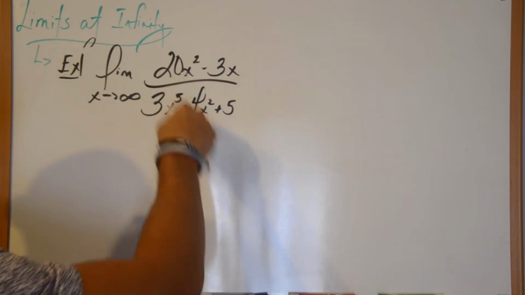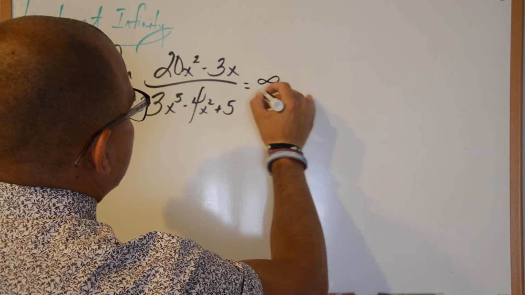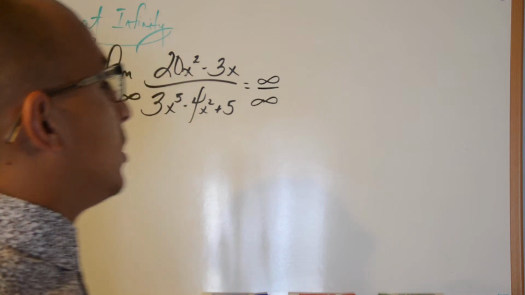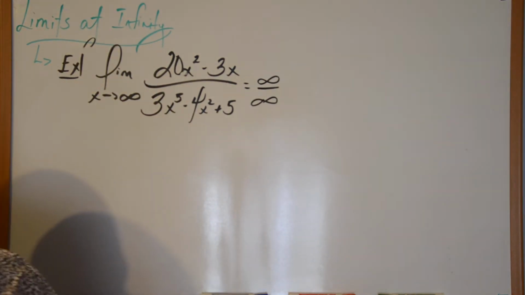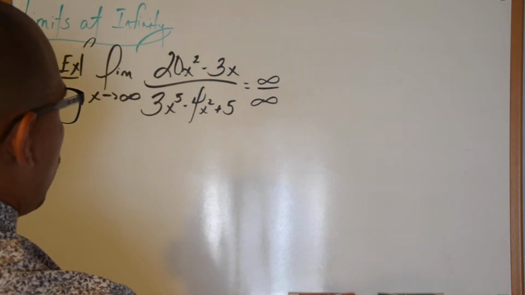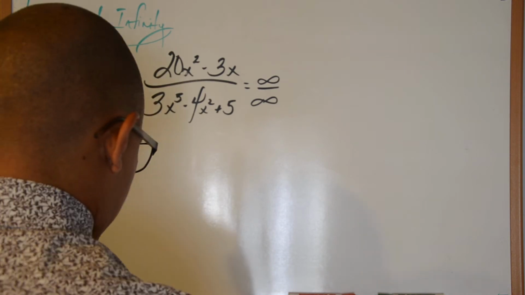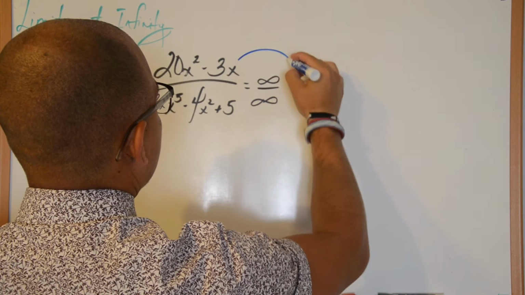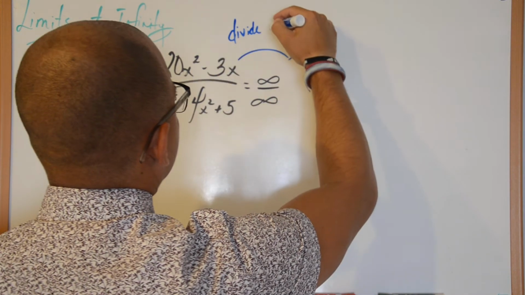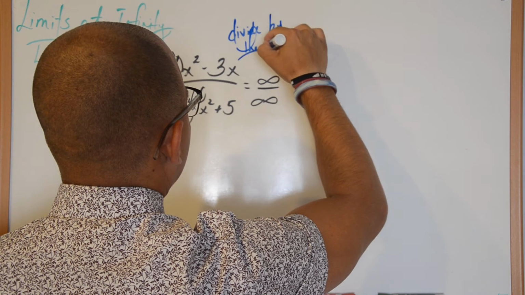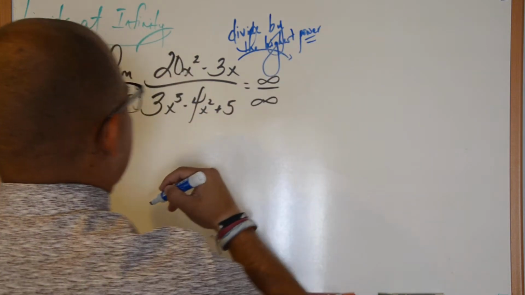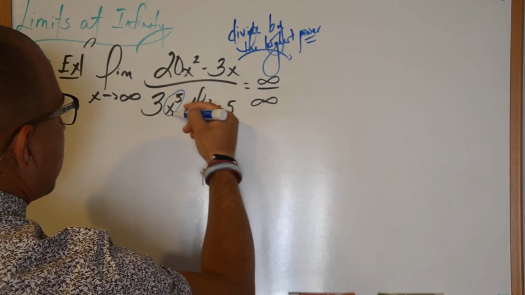So if we substitute this into the numerator and denominator, we can see that we're going to get some indeterminate form. Indeterminate form means we need to apply some type of algebraic manipulation. So what we want to wind up doing is we want to divide the numerator and denominator by the highest power, the highest power being x to the 5th.